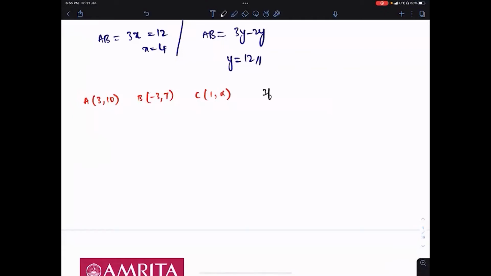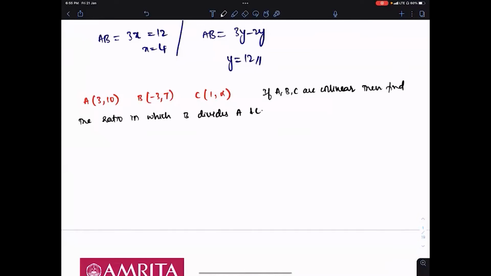If A, B, C are collinear, then find the ratio in which B divides A and C. Yeah, we all are familiar with these questions.